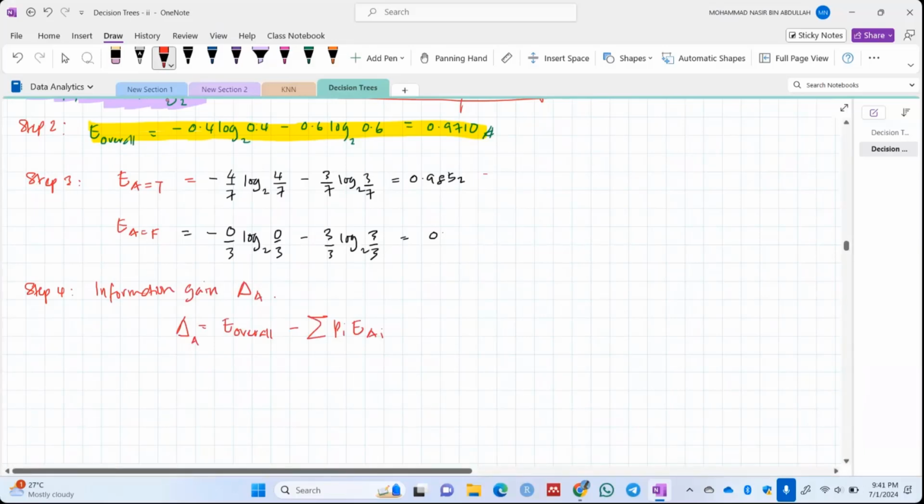So for A, we have 7 out of 10. Entropy overall is 0.9710.